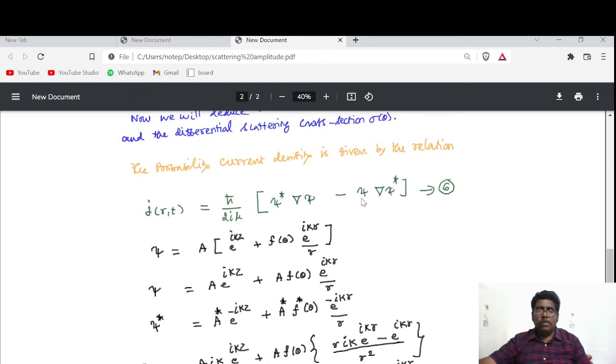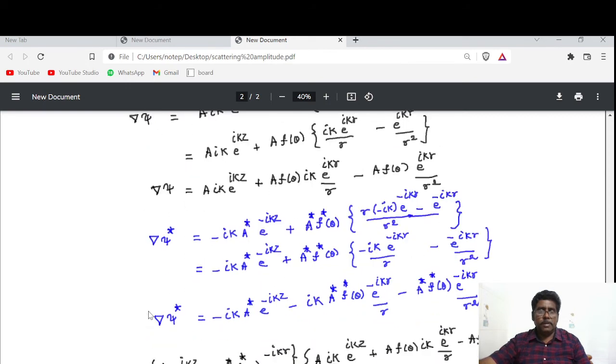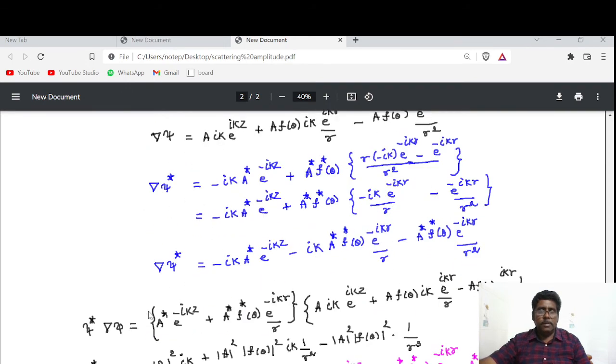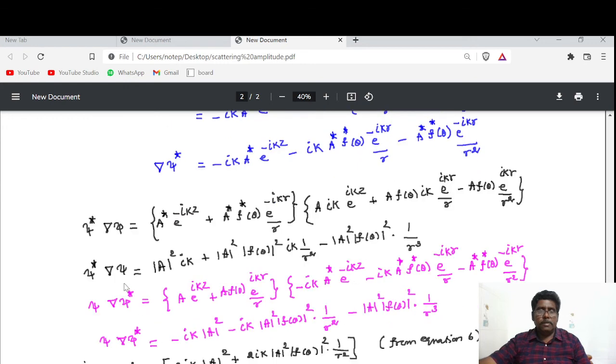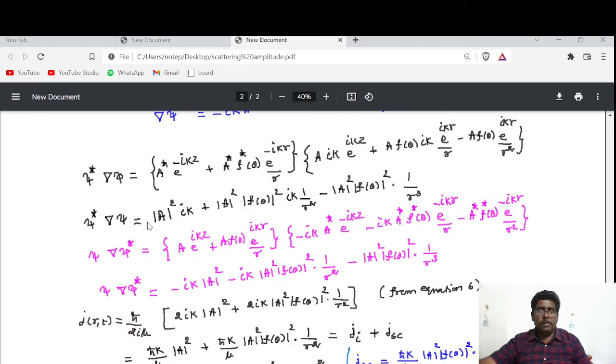Now we have to subtract psi into grad psi star from the term psi star grad psi. This is our psi star grad psi, this is our psi into grad psi star. We have to subtract this term, the right hand side, from this term.